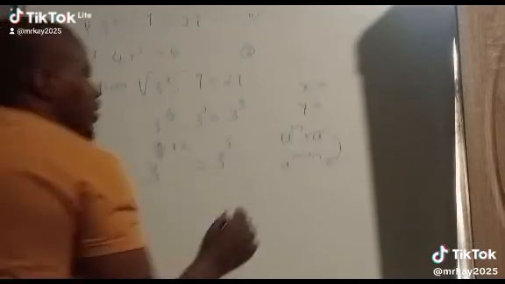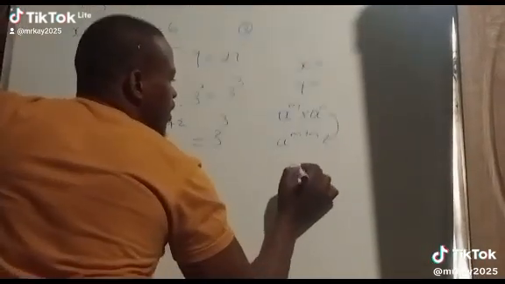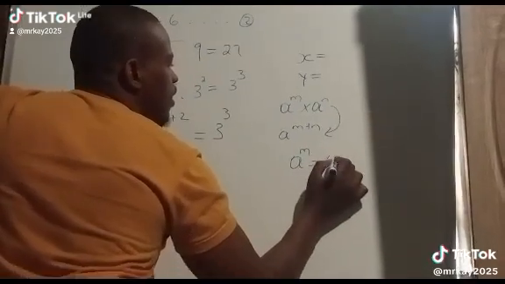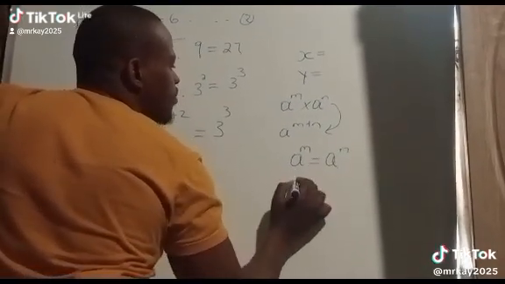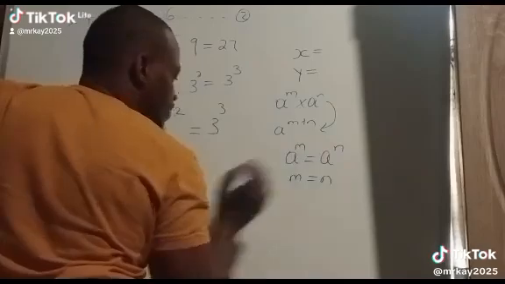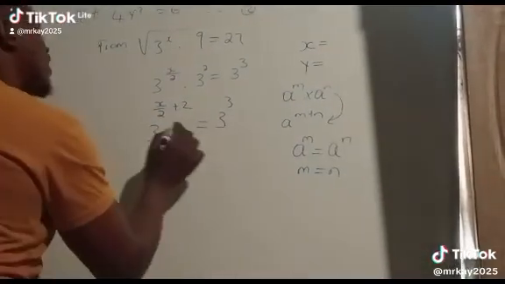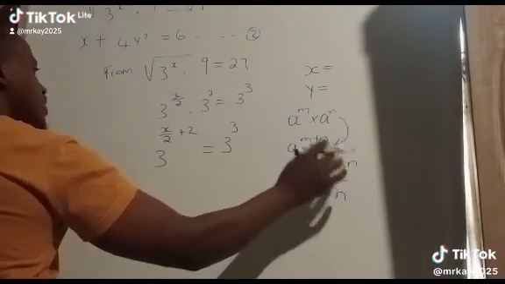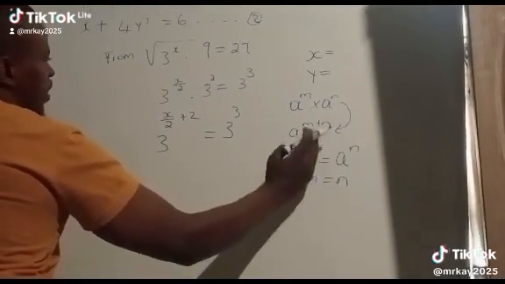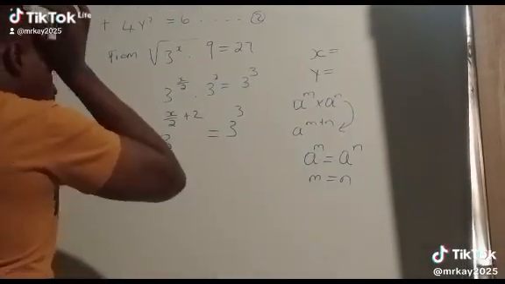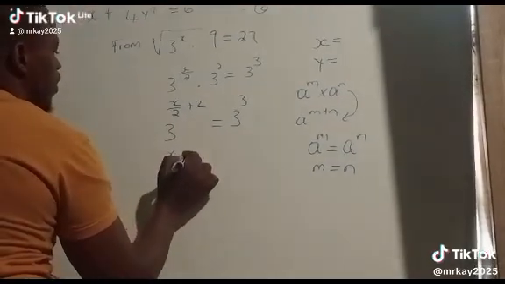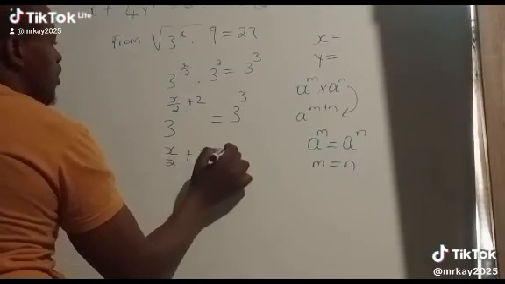And then principle number 2 states that whenever the bases are the same and there's an equal sign, the exponents will be equal. Don't cancel these. The bases are the same, which with an equal sign in the middle means the exponents will be the same. Now when I take this down, x over 2 plus 2 will be equal to 3.